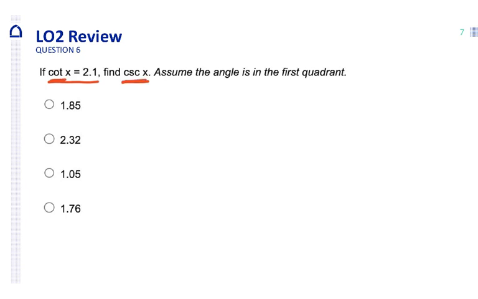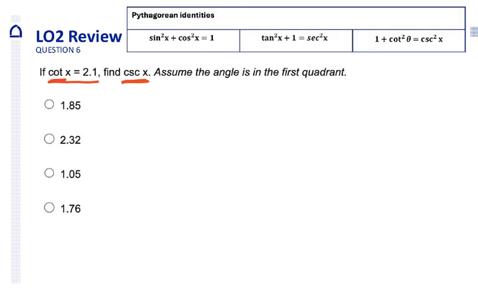So I have to think to myself, do I know any relationship that involves cotangent and cosecant? Let me pull up the trig identities again, especially the Pythagorean identities, because we can see here a relationship with cotangent and cosecant. So let's use that relationship. 1 plus cotangent squared theta is cosecant squared theta, or x in this case.